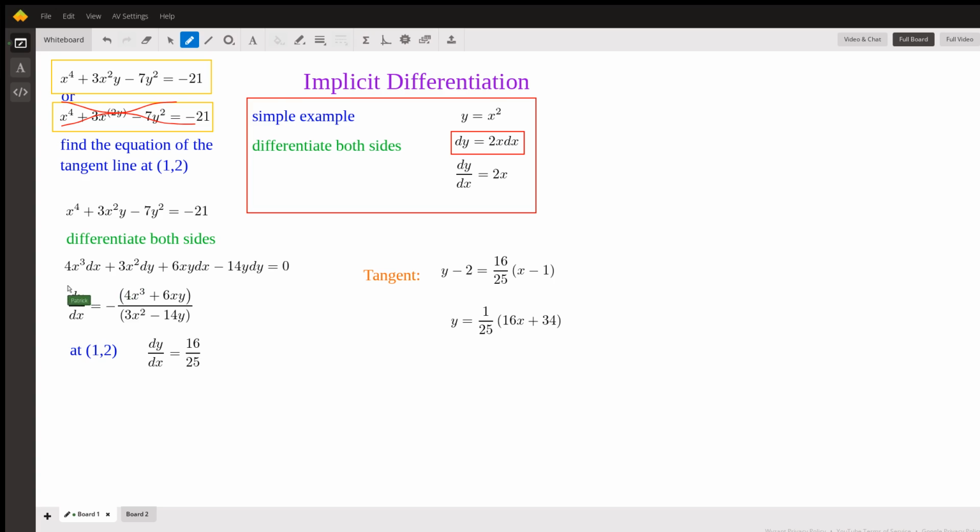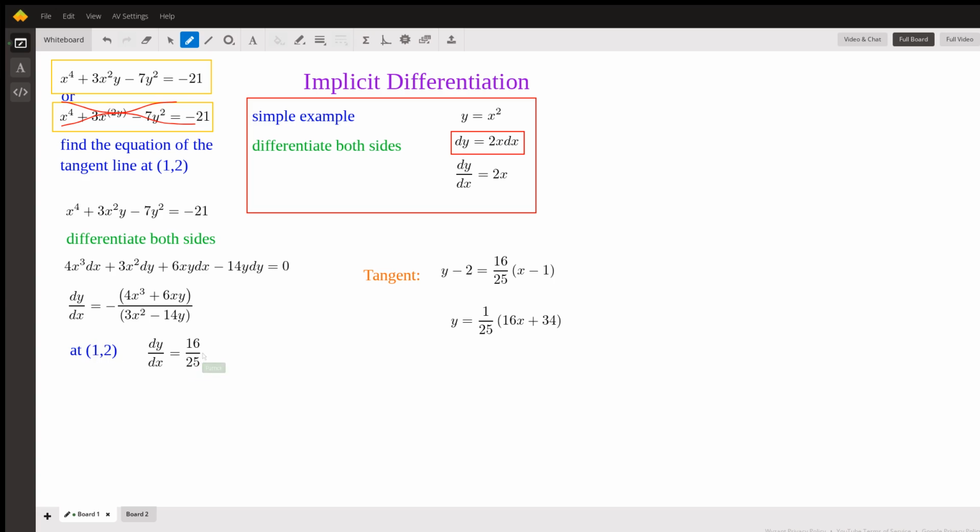You should end up with dy over dx equal to this. I skipped a lot of the algebra here, but pause the video, work it through, make sure you get what I'm getting here. Then we evaluate it at 1 and 2, and you get this number.